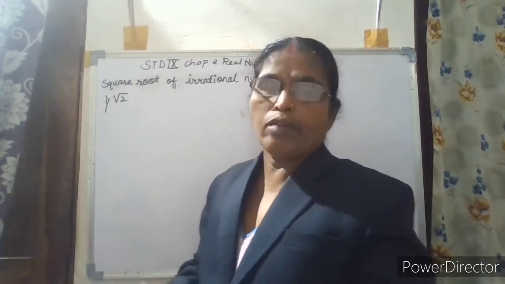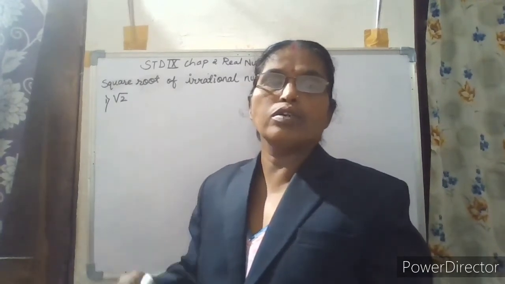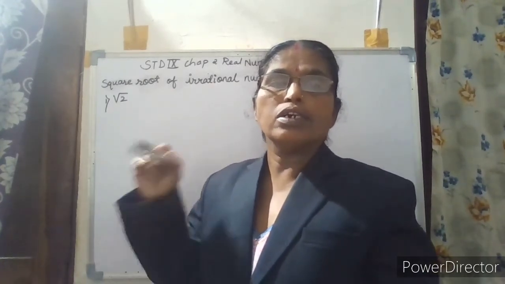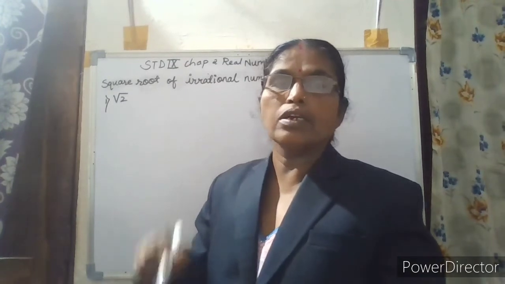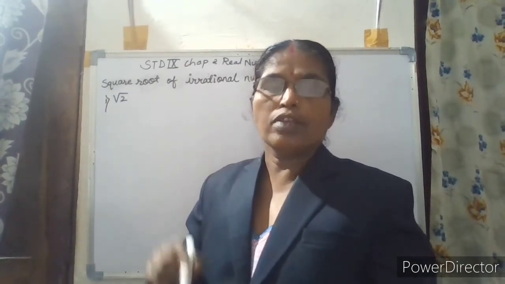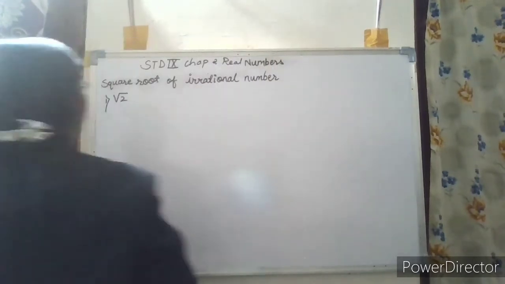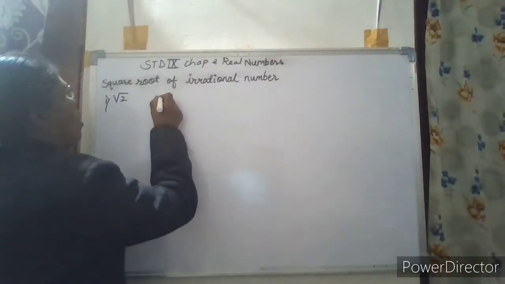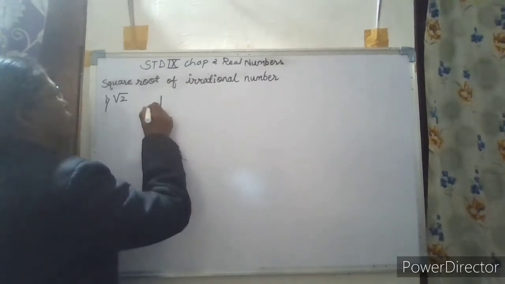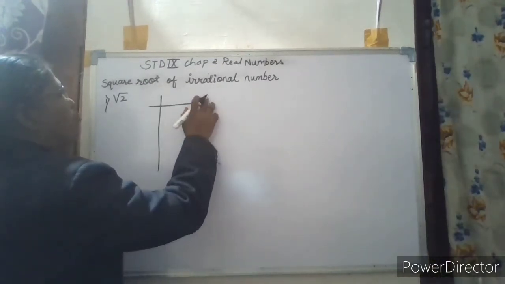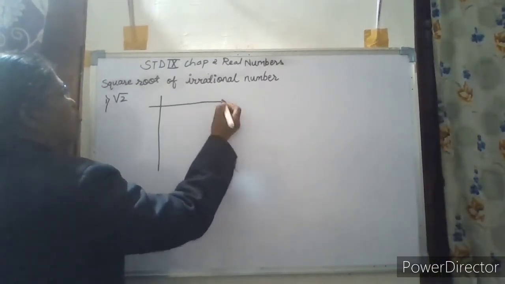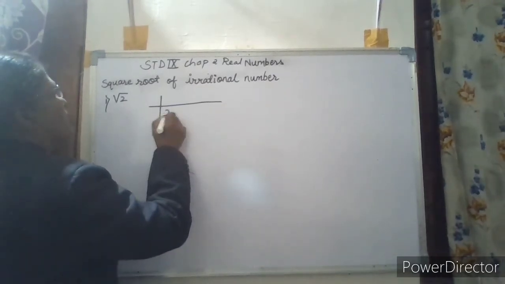Now, square root of 2, you have learned to find out by the division method in 8th standard. So, let us recall it again. For square root of 2, you have to make a square box in this form. Write 2 here.